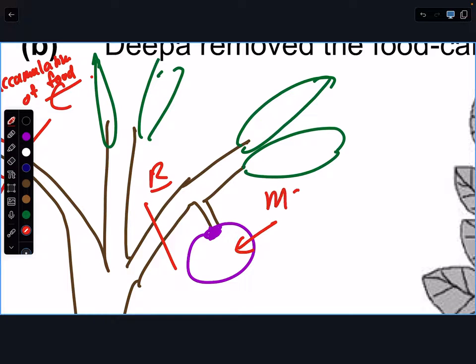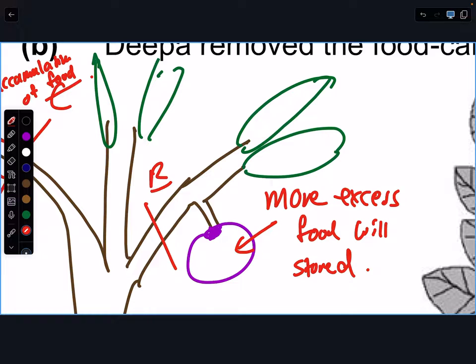More excess food will be stored in the fruit. Okay? Why must it be more excess food, and not just excess food? Because you think about it, any food that you already store in a fruit is already excess.